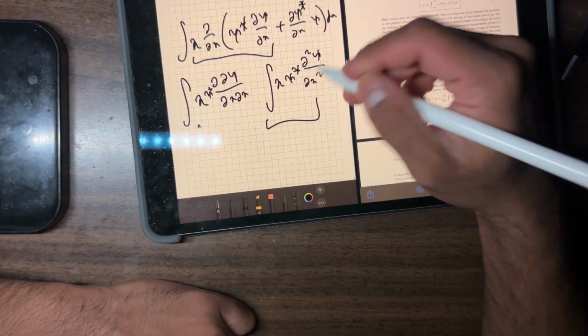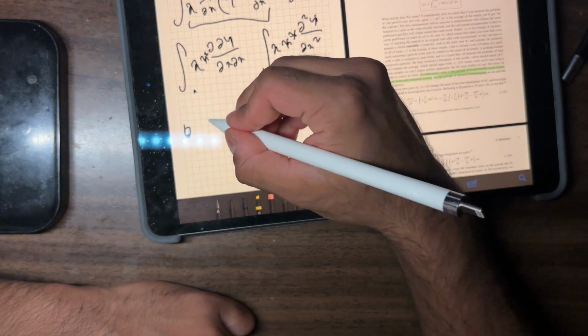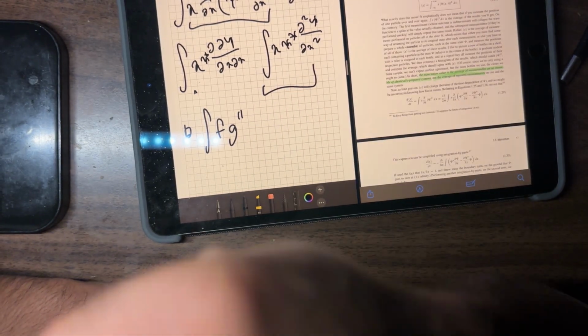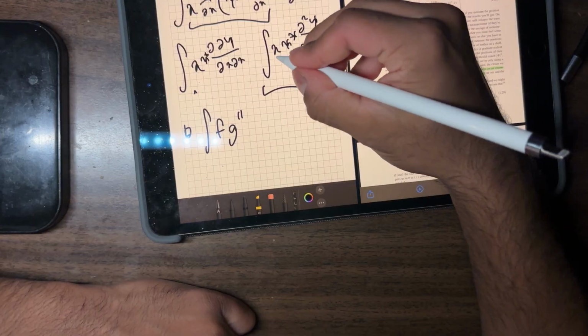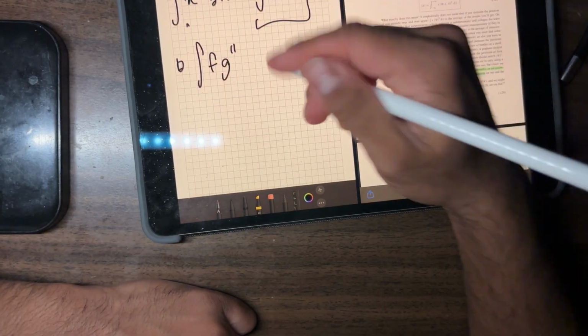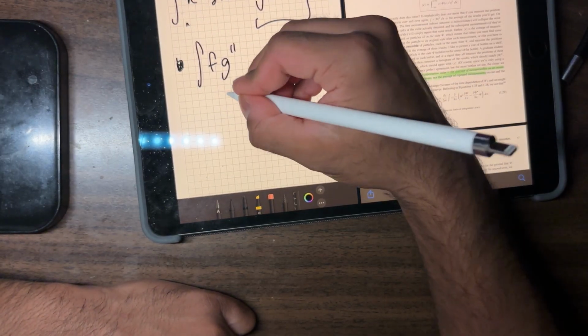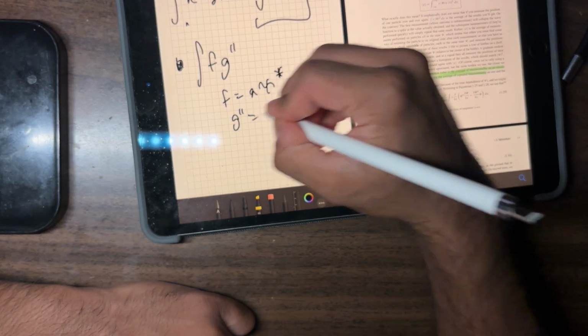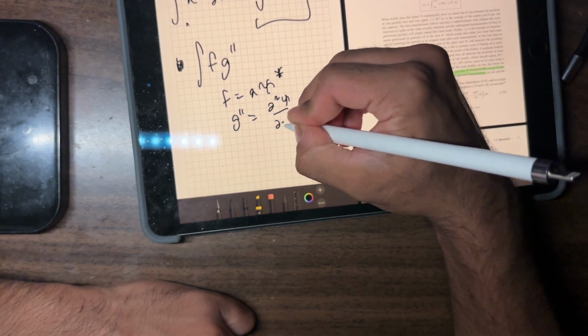And so this equation here correlates to f g prime prime. But which one is f? F is this guy here, g prime prime is this here. So based on this, f is x psi conjugate, g prime prime is d squared psi by dx squared.